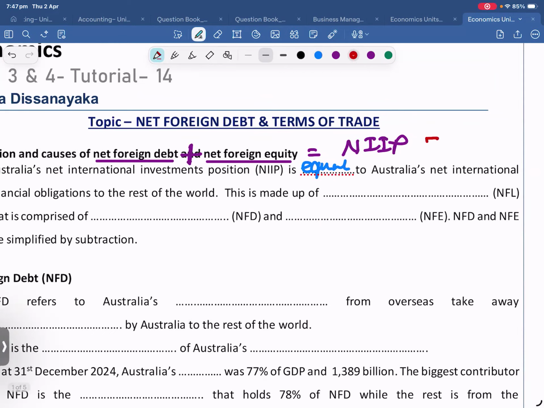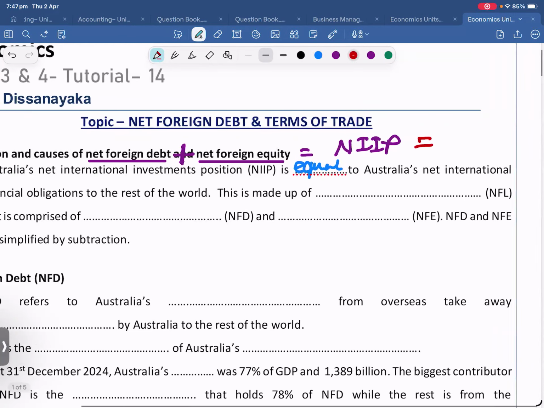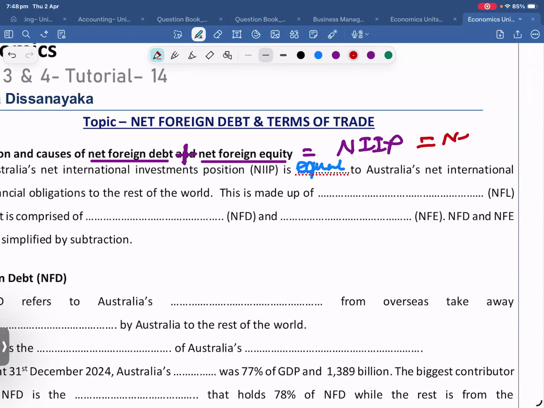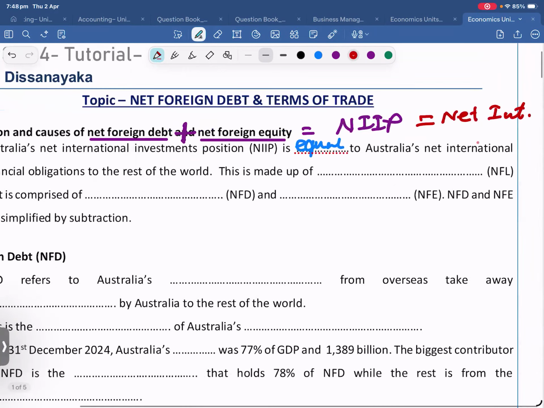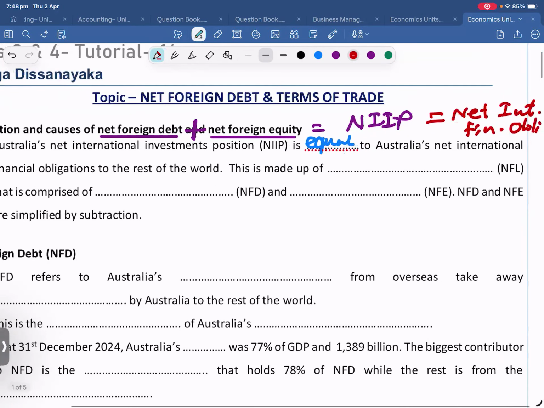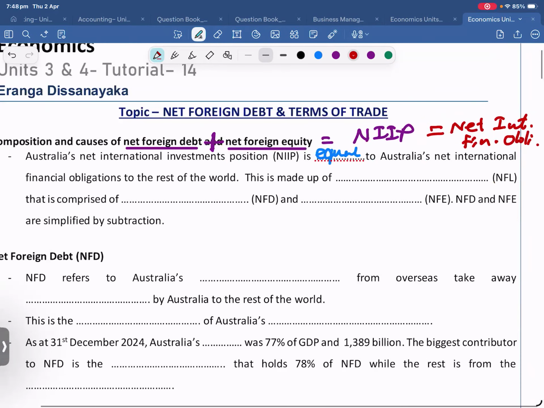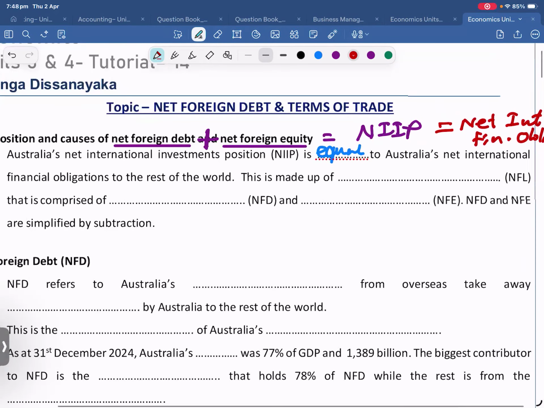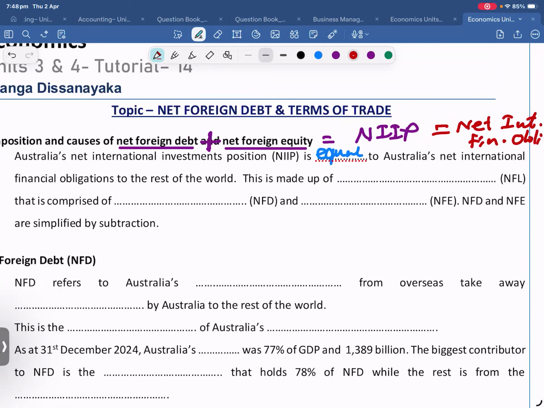Also, that is equal to net international financial obligations. So basically, that's the equation. Whether you call it NIIP or net international financial obligation, it's the same thing.